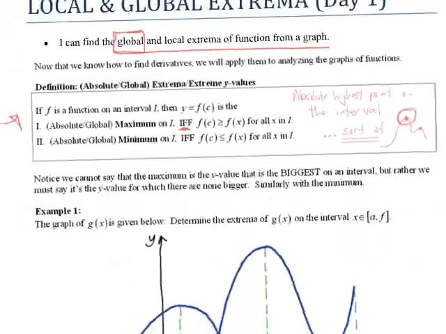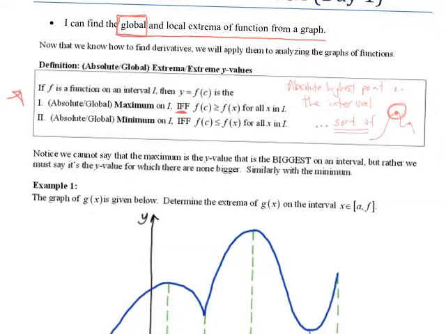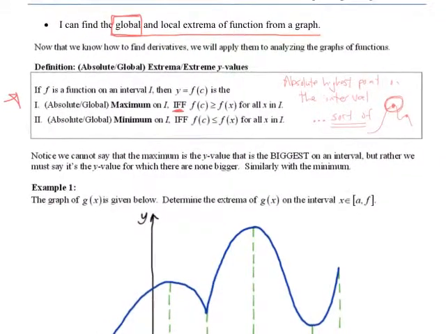So in the next line it says, we can't say it's the biggest on the interval, but rather that there are none bigger. So a very simple example of that would be if you had a graph that kind of came up to a high point and then leveled off. Any point on that level plane is going to be what the local maximum, or sorry, the global maximum is, will occur at any of those points.